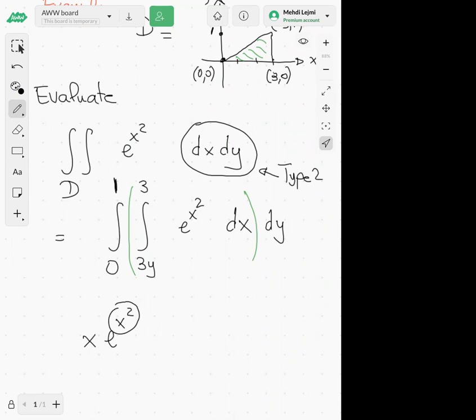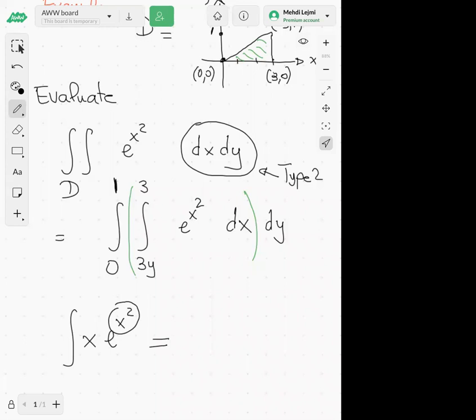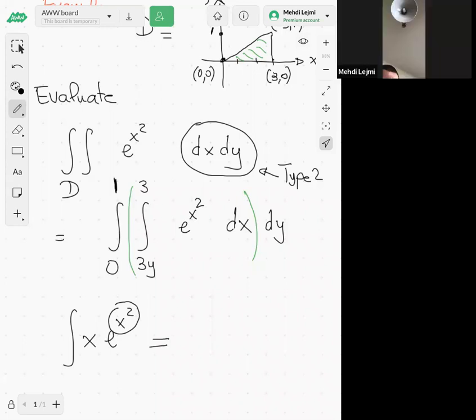Then you would divide by 2, so this would be e to the x squared over 2 plus a constant. So if you use a substitution, you need x in front of the e to the x squared. But here there's a problem. There's no x in front of e to the x squared.